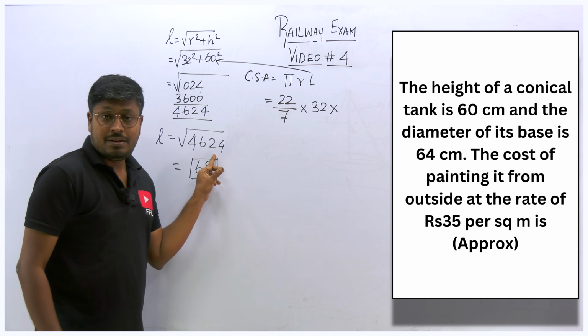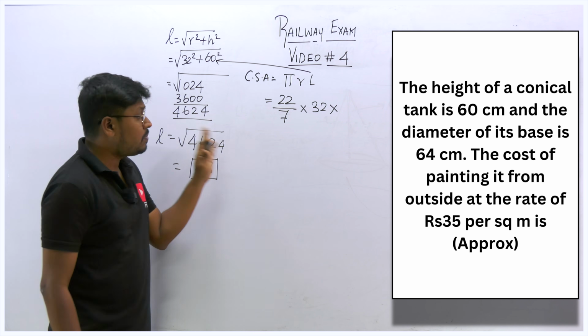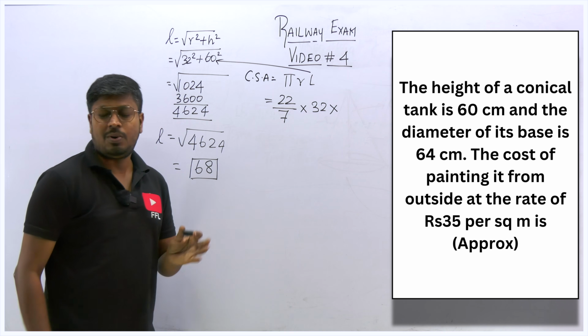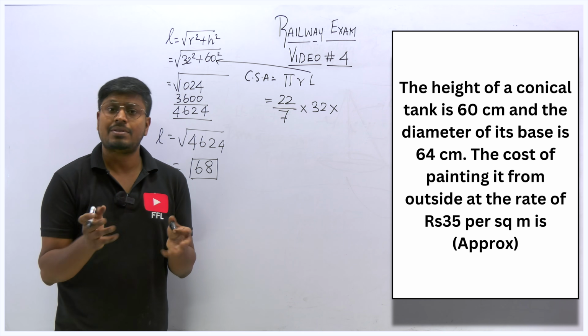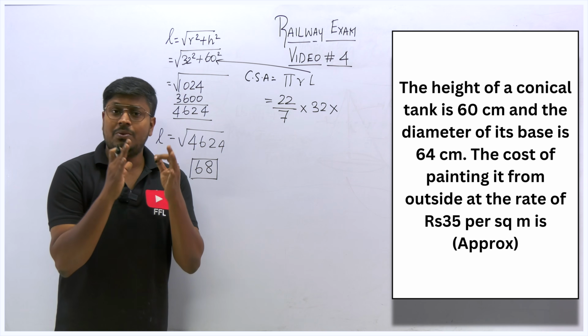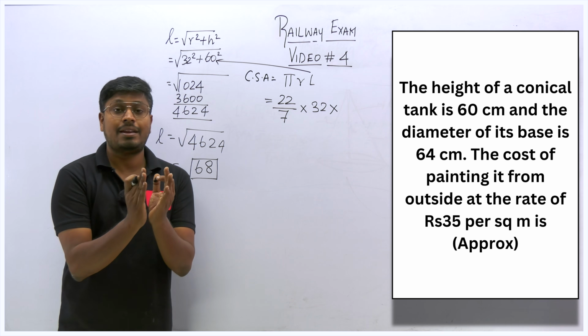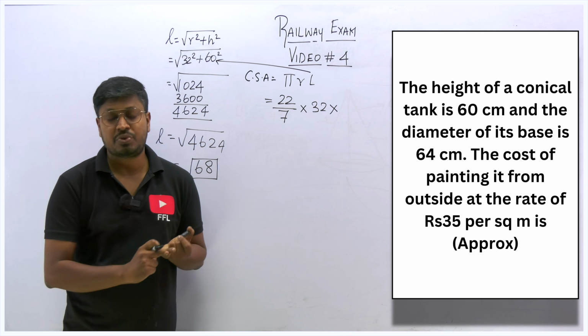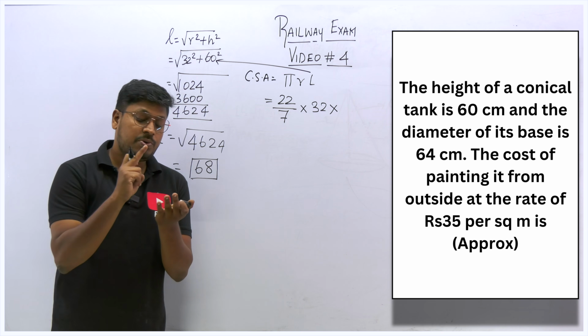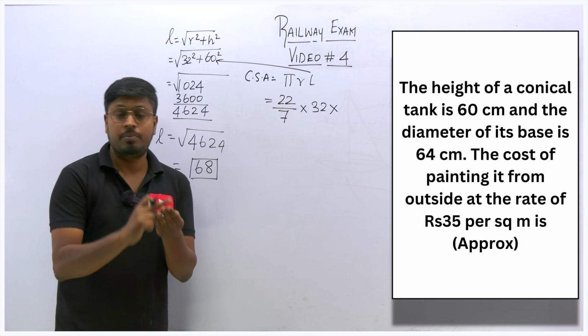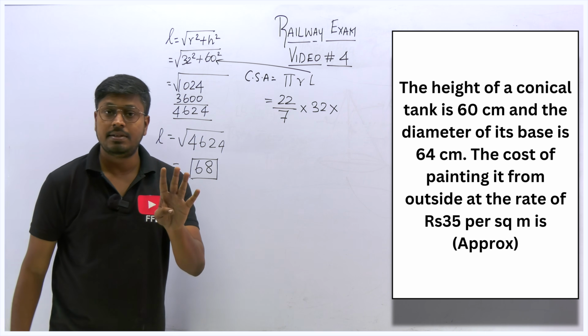So everyone who is preparing, I always say this, not only for the railway exam, if you are preparing for any competitive exams, state level or central, always remember one thing: first, you should know the squares from 1 to 20, the cubes from 1 to 20, and how to solve square root shortcut and cube root shortcut. So these four things are important.